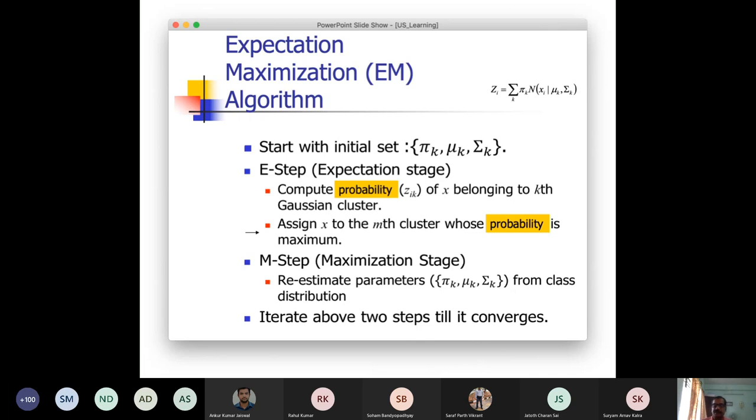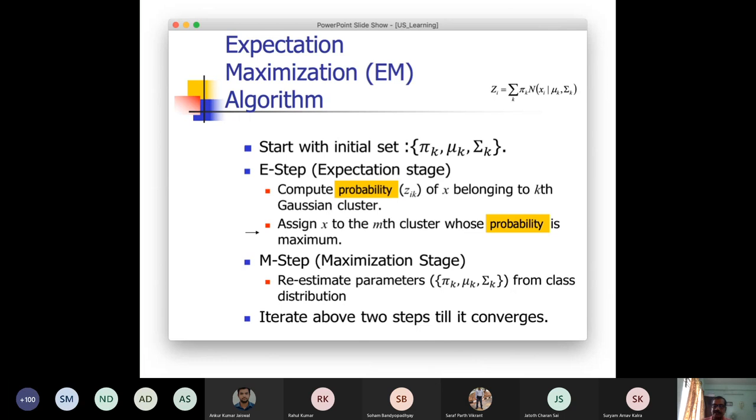This is how it is used: like the k-means algorithm, you start with an initial partition, and then you iteratively update it till you converge to a result. Here also, you start with an initial set of parameters, and then you iteratively update till you find that it is converging the same way. So there is an expectation stage. In the expectation stage, you expect that this is a partition.